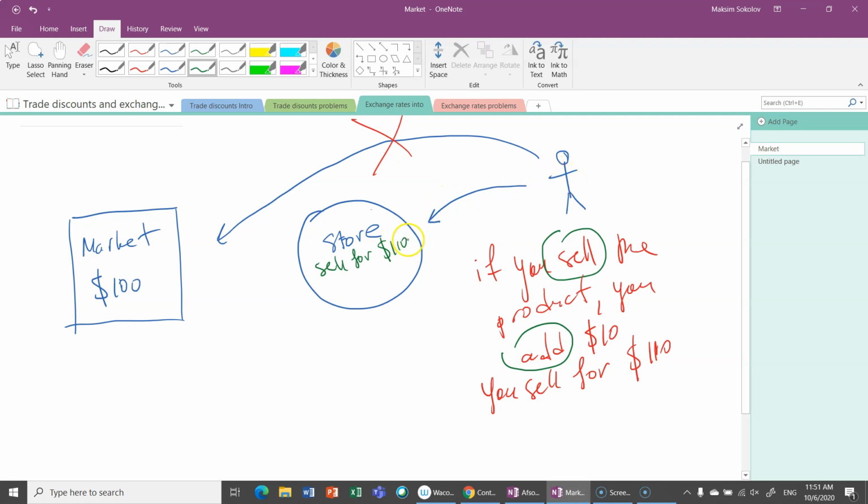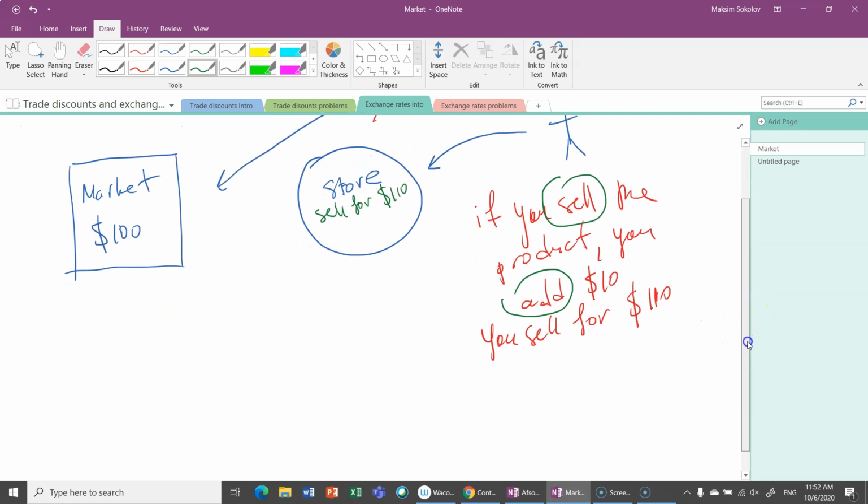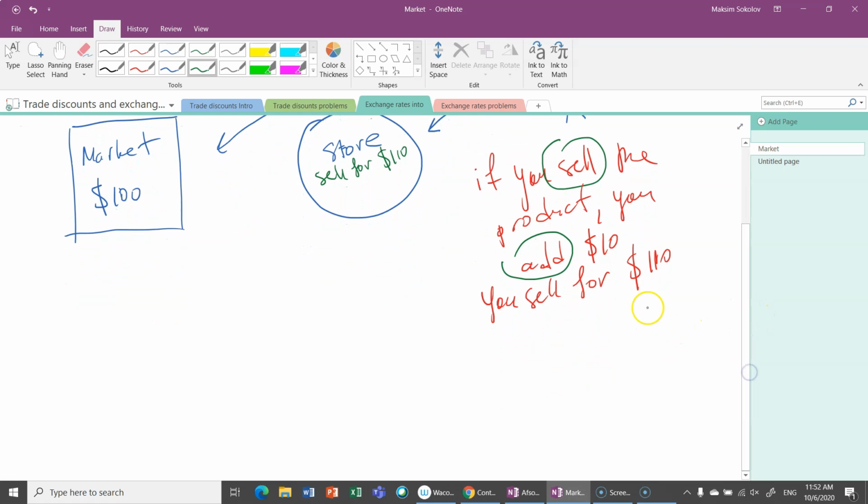So they have to pay you $110. And of course, if they could get to the market, they would pay $100, but they cannot. So they have to pay $110. And you buy that product for $100. So your profit is $10. Or we can also call this commission. Your commission is $10.